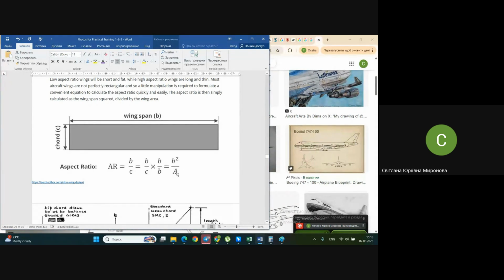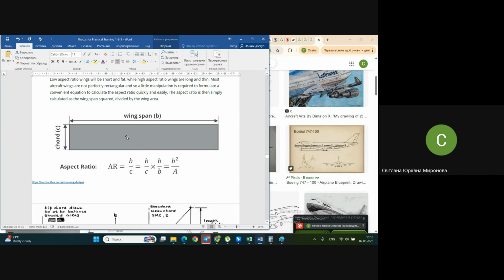These two characteristics are given practically always for airplanes on the internet: span, the distance from tip to tip, and area of the wing. So you may calculate wing aspect ratio even having no idea about the value of the chord, or if it's a swept wing and it's difficult to calculate it somehow.